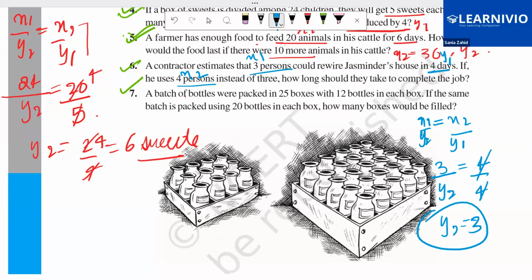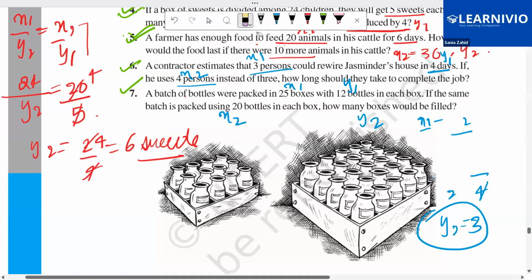Okay, what about the seventh one? The seventh question says a batch of bottles were packed in 25 boxes with 12 bottles in each box. If the same batch is packed using 20 bottles in each box, how many boxes would be filled? So the number of boxes you consider X, and bottles in each box you consider Y. So 25 is X1, 12 bottles becomes Y1, and X2 is unknown. 20 bottles is Y2.